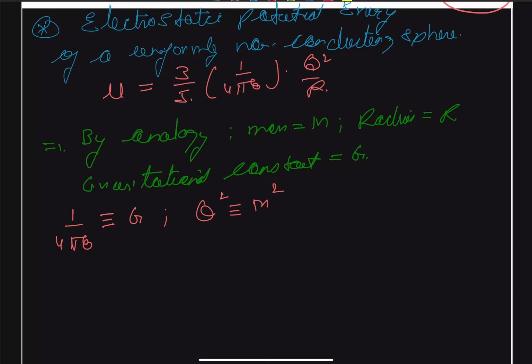Therefore, we can say our U gravitational will be equal to minus 3 upon 5 G M square upon R, because here the sign will be negative because we are talking about disassembling.